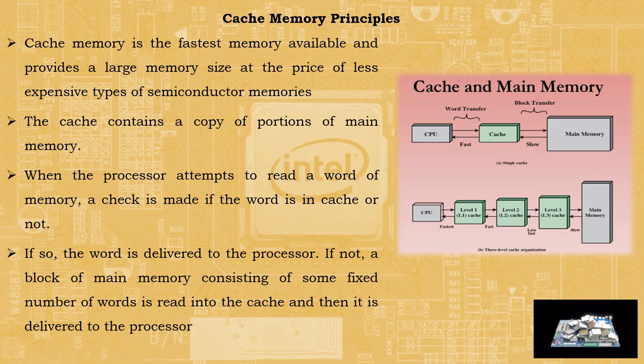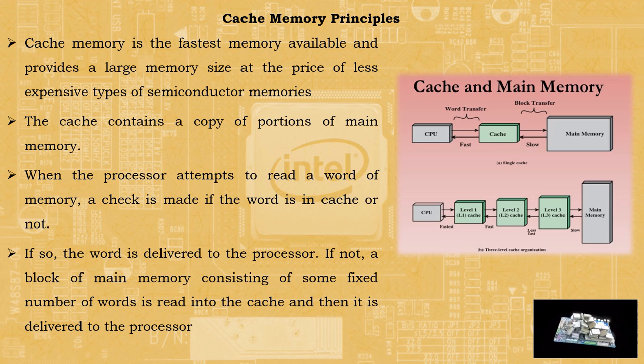The figure shows the organization of cache memory and main memory. If there are no levels in the cache memory, then the access time will be less when the processor fetches the word from cache, and more when it accesses from the main memory.